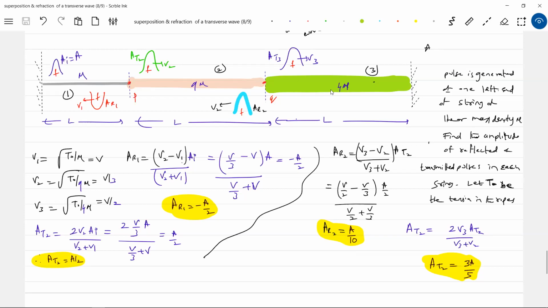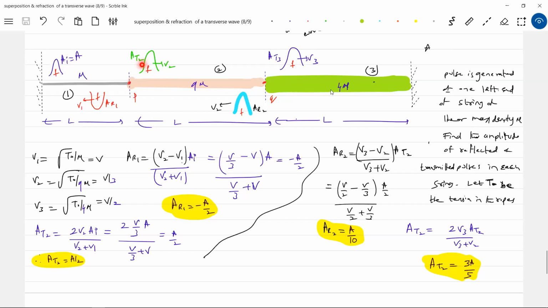So when a wave moves from denser to rarer medium, the amplitude of transmitted pulse will be more than amplitude of incident pulse. When a wave moves from rare to denser, the amplitude of transmitted pulse will be less than that of incident pulse. I'm not bothered about this. I'm bothered about these two and these two. This is incident pulse. This is transmitted pulse.